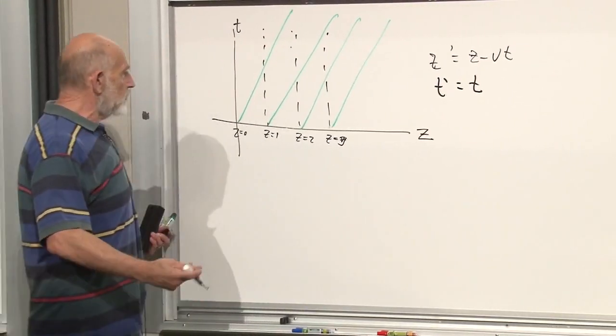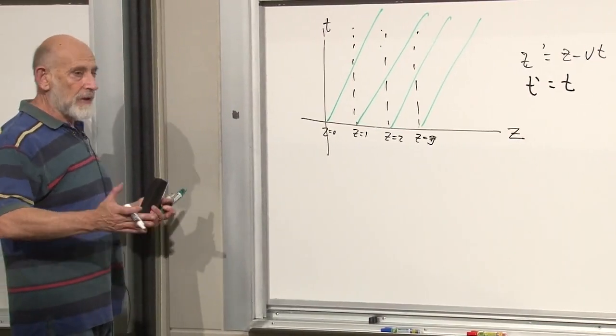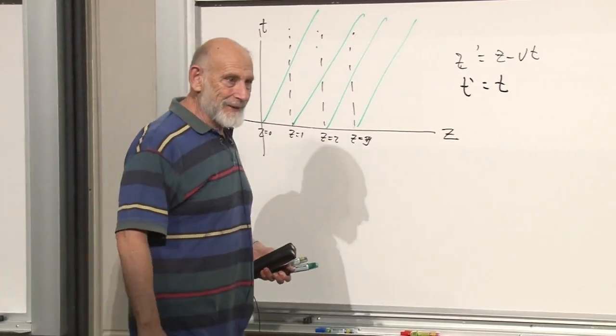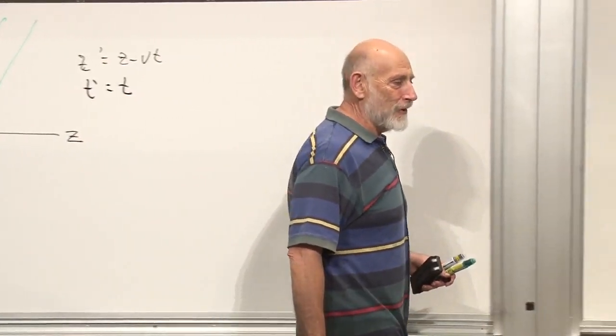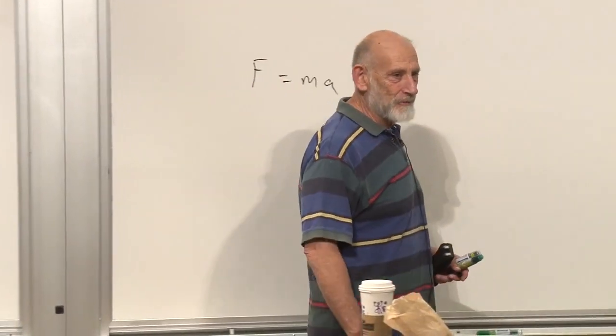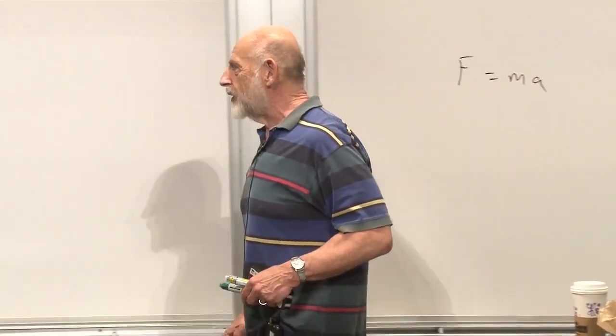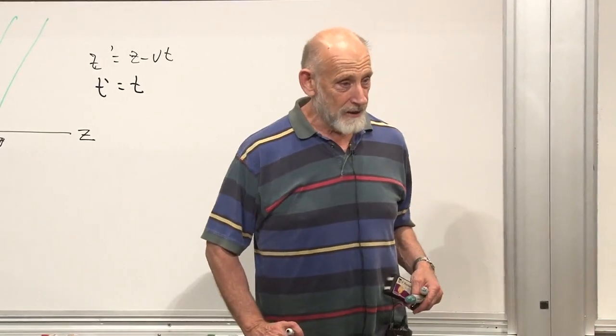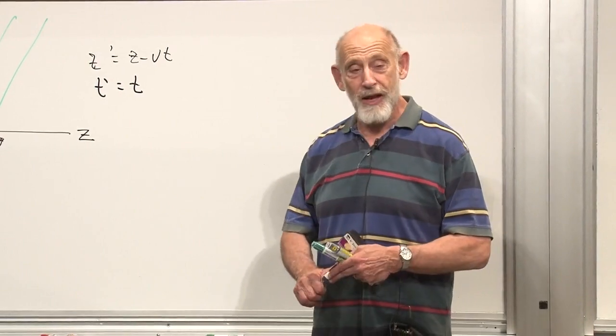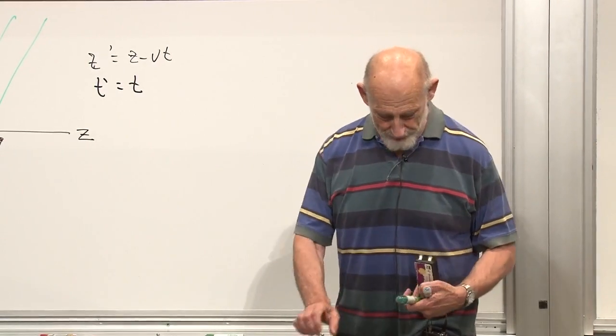So that's called a linear transformation. Straight lines go to straight lines. Not surprising, since Newton tells us that particles move in straight lines in an inertial frame of reference. And what is a straight line in one frame had therefore better be a straight line in the other frame. They move in straight lines not only in space, but in space-time.